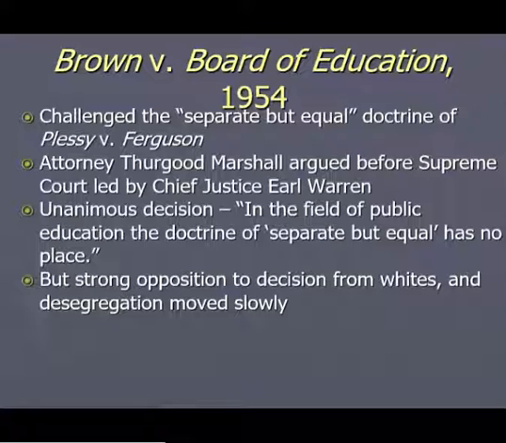The attorney argued before the Supreme Court, and there was a unanimous decision that as far as public education is concerned, separate but equal was no longer legal. It had no place in public education. This was strongly opposed by whites, and the desegregation because of this was very, very slow.